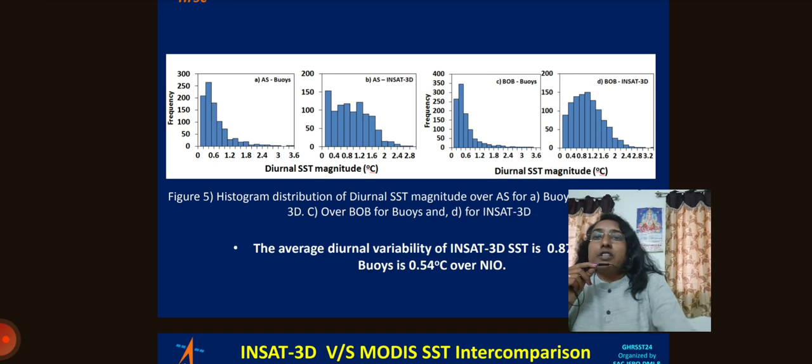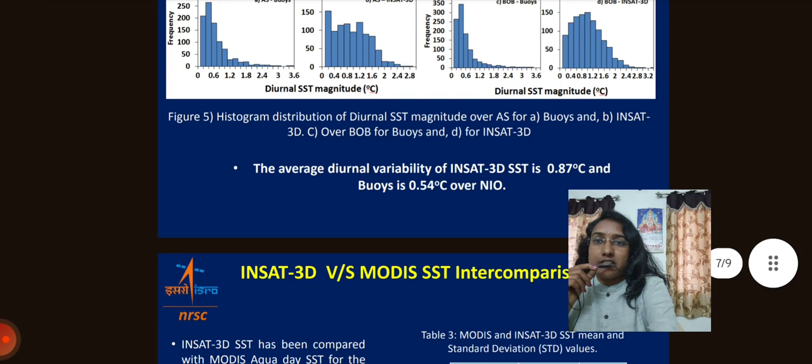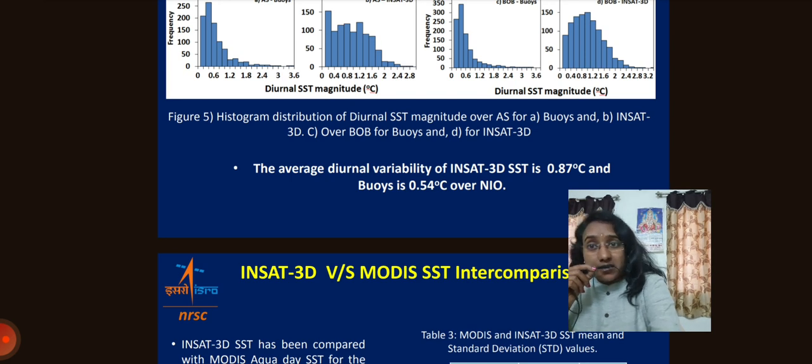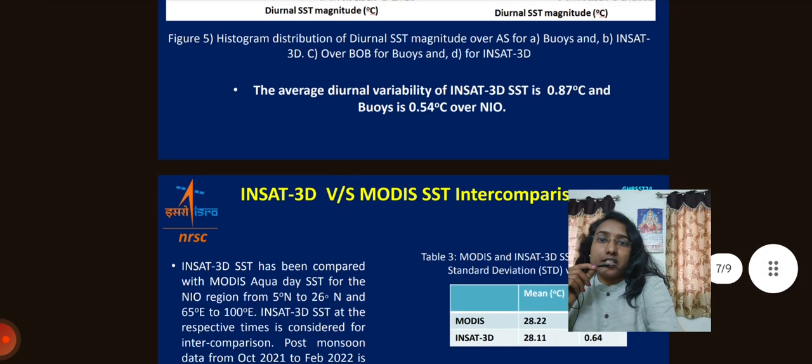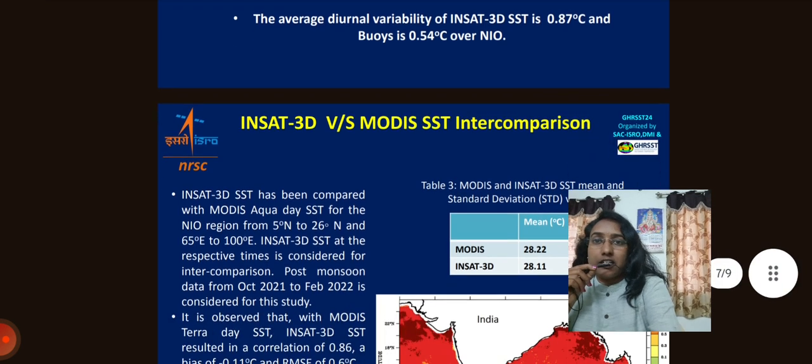So we found the average diurnal variability of INSAT-3D SST is 0.87 degrees centigrade, whereas buoys have shown 0.54 degrees centigrade over the North Indian Ocean.